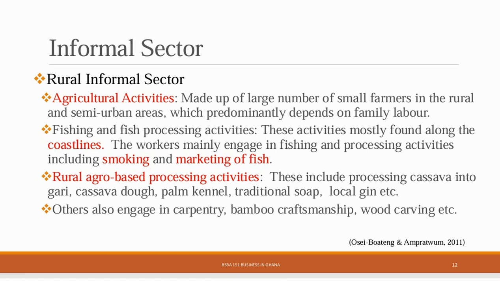So those towns, what are they into? When you go to the pure typical villages, most of them are into agriculture, right? And when you go to the coastal areas as well, most of them are into fishing and fish processing and the rest. Okay, and rural agro-based processing activities as well. And that is why you see the palm kernel, those kinds of local bitters and the rest.